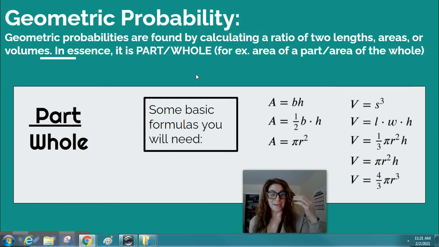Just make sure if you're looking at an area of one figure that you're taking it over the area of another, of the whole. Don't do an area and a volume. Don't do a length and an area. Everything, your top and the bottom, should be the same way of solving. So again, if I'm doing area, make sure I have area on the bottom. Volume, volume. A length, a length.